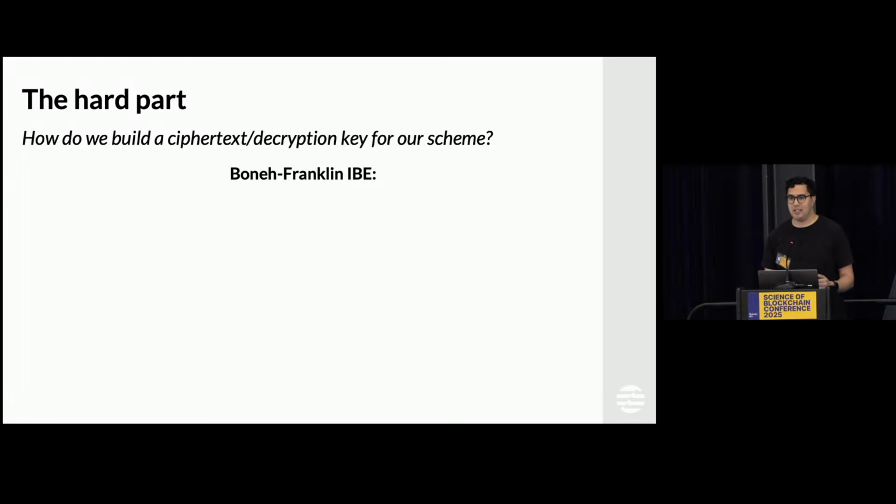Boneh-Franklin has this very beautiful strategy. Recall that with IBE, there's a master secret key. The Boneh-Franklin IBE scheme sets its master secret key to be the signing key of a signature scheme, specifically a BLS signature scheme.